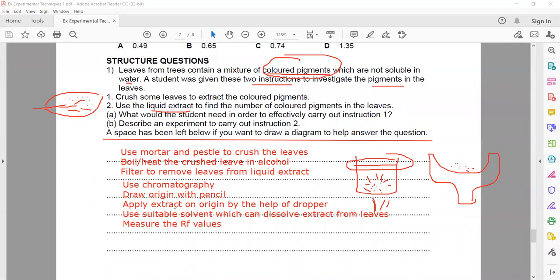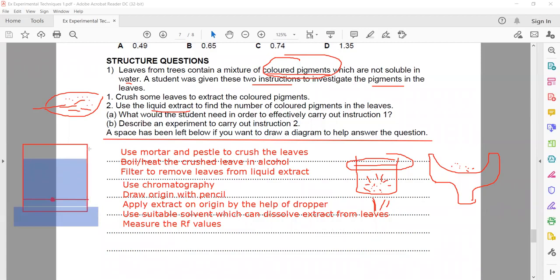So how can we do it? We can use chromatography. By using chromatography, we draw the origin with pencil, place the extract which we obtained in the first part, then use a suitable solvent, not water because they mentioned it is not water soluble, so you cannot use water, any other.